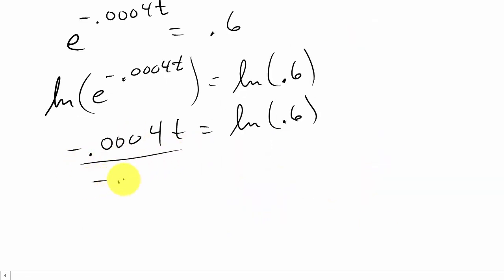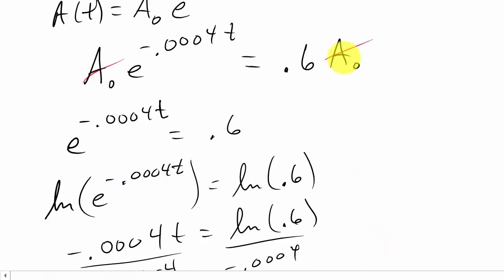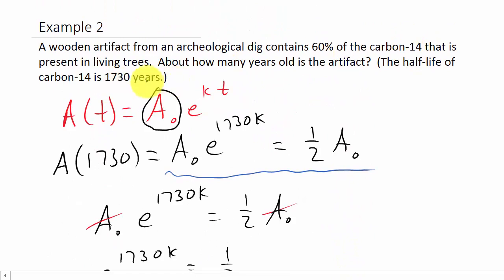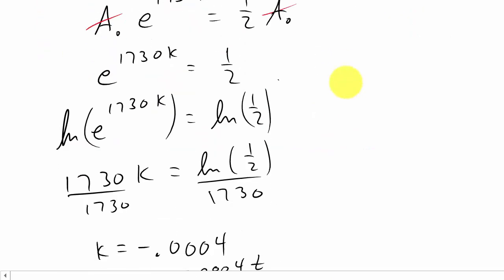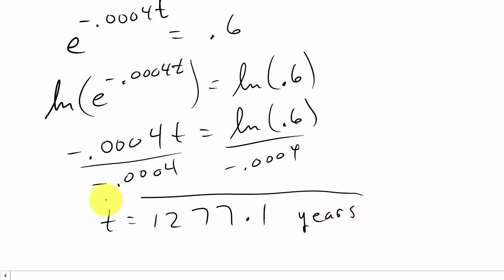Divide both sides, and so I get t is, and I'll have to punch that into my calculator. After I plug that into my calculator, I get this number, and remember, that is in years. That's how many years it took. And so that would be my answer.